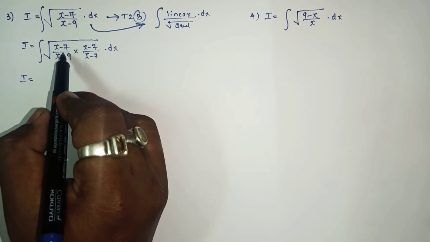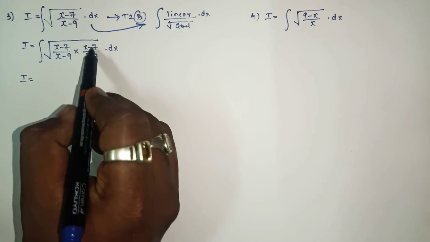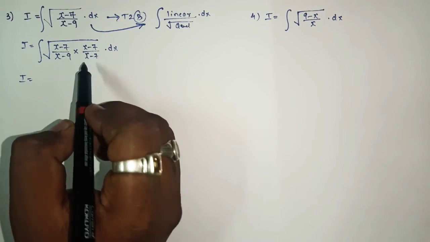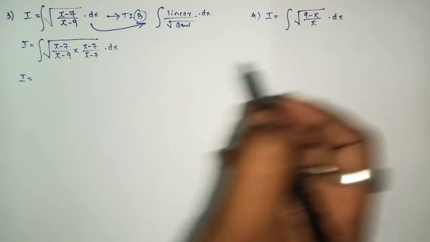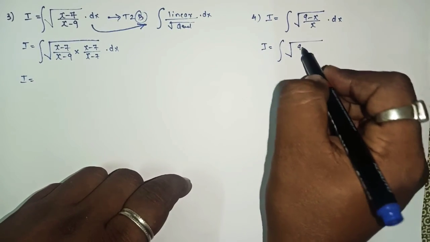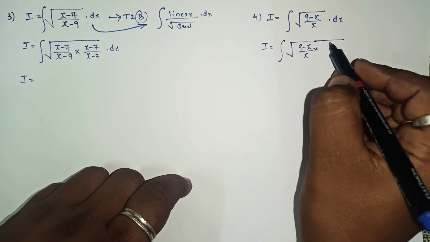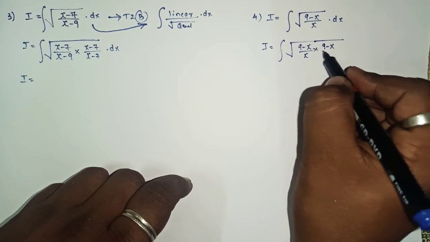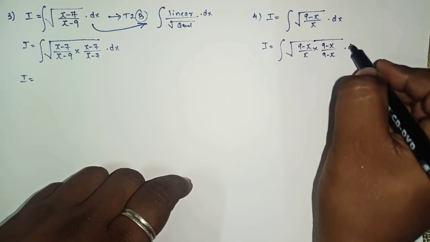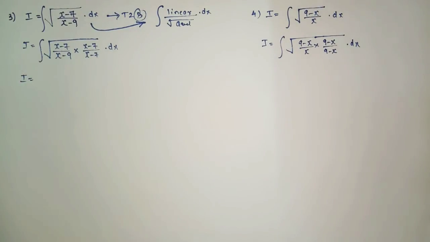If it is x minus 7, you will multiply and divide by x minus 7. If it is x plus 7, you will multiply and divide by x plus 7. Got the point? Like here, 9 minus x upon x, whatever the numerator is, here it is 9 minus x, so we will multiply and divide by 9 minus x. Got the point? Understood? With the same term you have to multiply and divide.